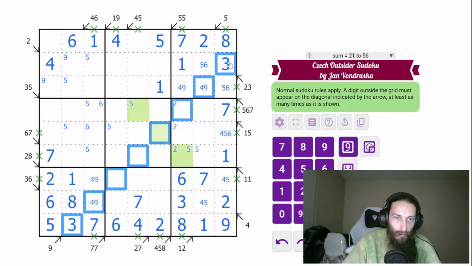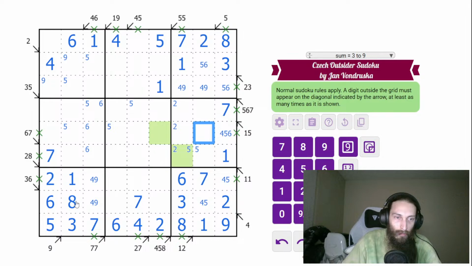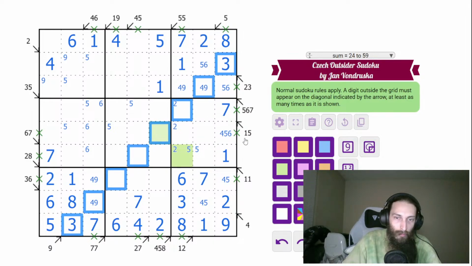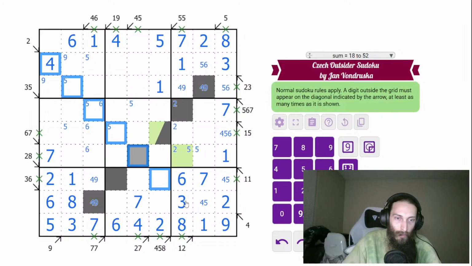Column 5 has a 4 in it. 9 here can't be that one, or that one, but it can be anything else. About the 2, either of those 2, or this one.